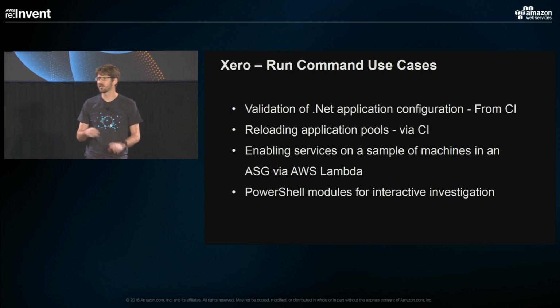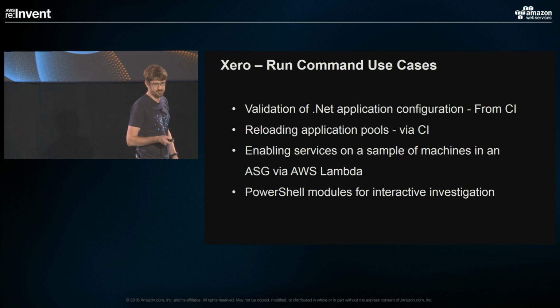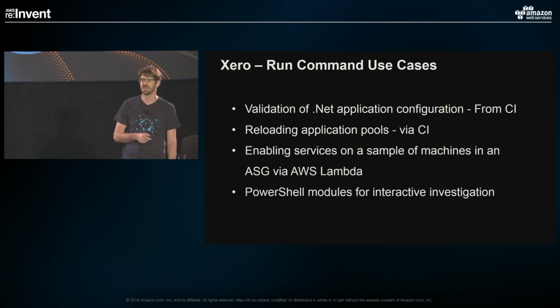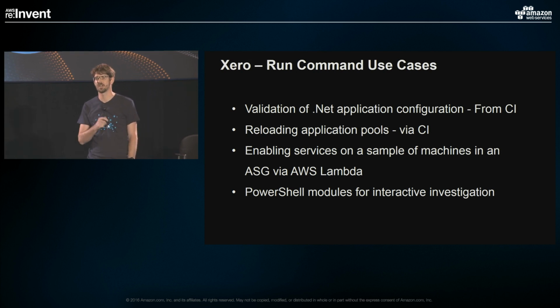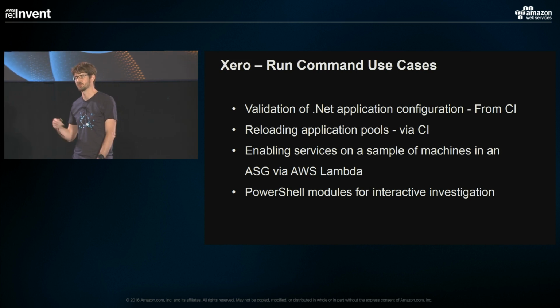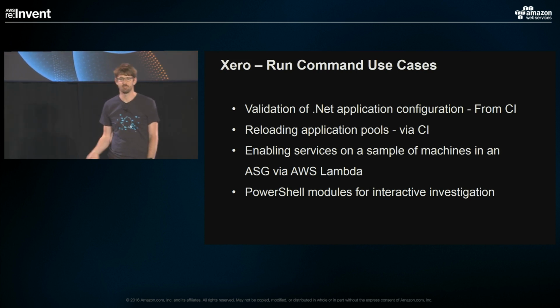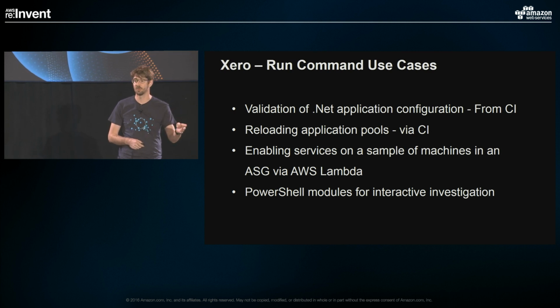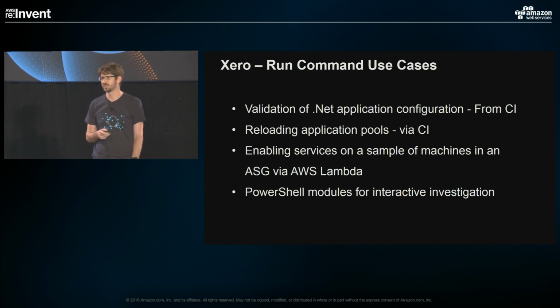So there's quite a lot of different use cases that we have for Run Command. I'll just go through a few of them. We use Run Command to validate .NET application configuration inside the environments. So we can reach in from our pipeline tools that do deployments and releases, might switch a Route 53 entry, and at that last moment, or at any other moment, validate that that configuration is actually correct.